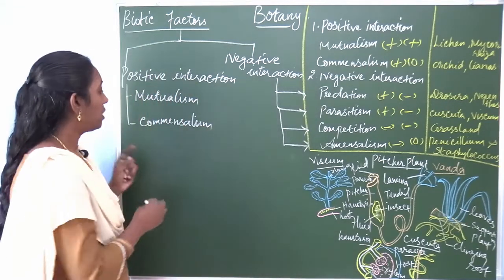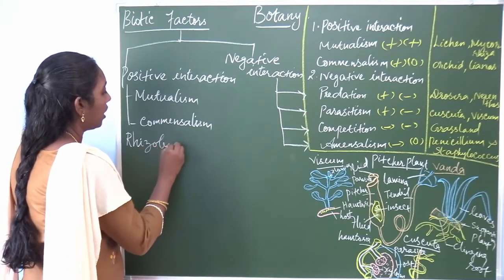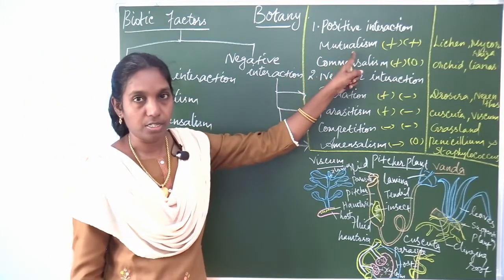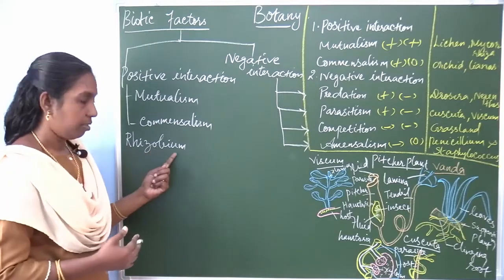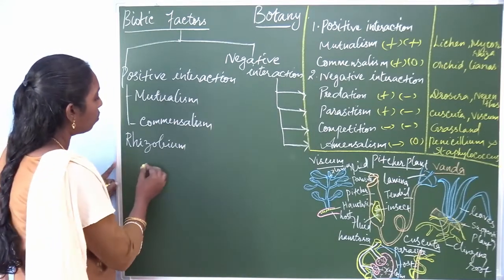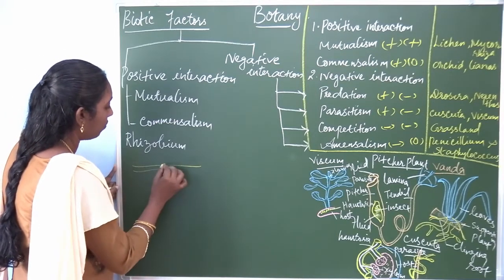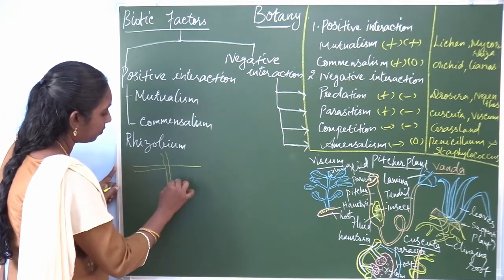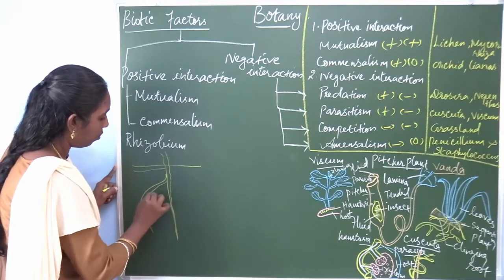You know the bacteria rhizobium is one example, a mutual relationship in leguminous plants. Rhizobium is the bacteria which lives in the root nodules of leguminous plants.